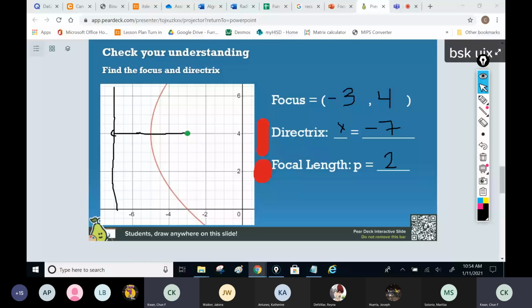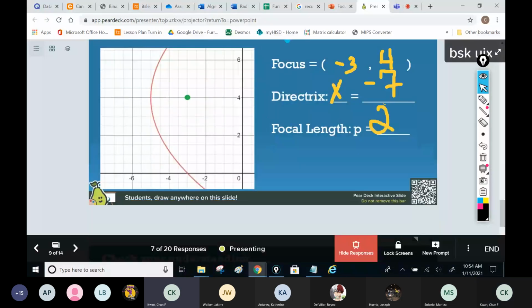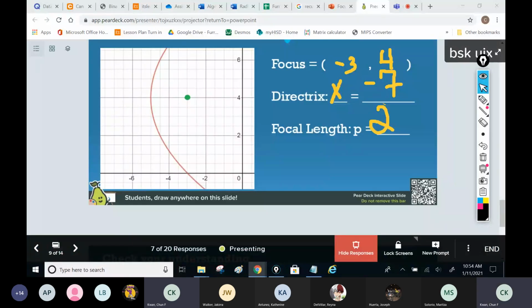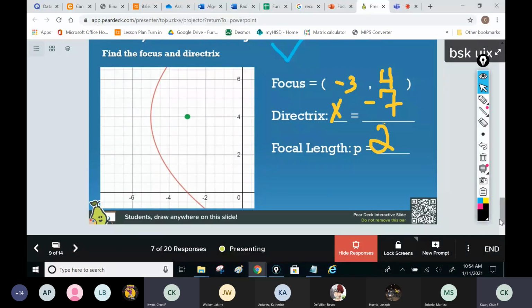All right, this one's good. Okay. Very good. Do you think you can label the directrix as well? Label the directrix. So I mean the numbers are good, but I still want you to always label everything. The focus is already given to you.